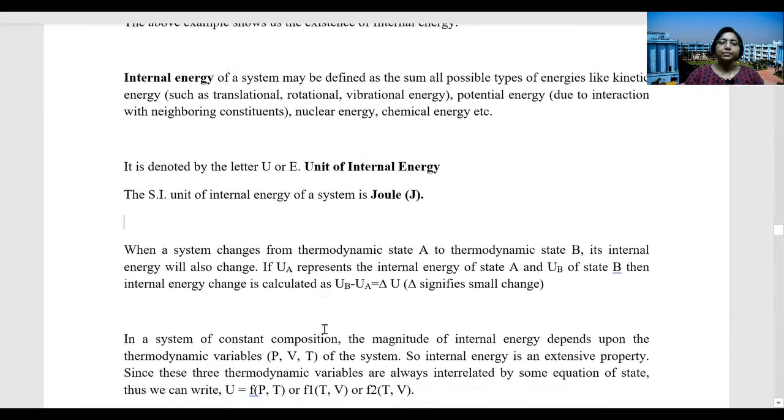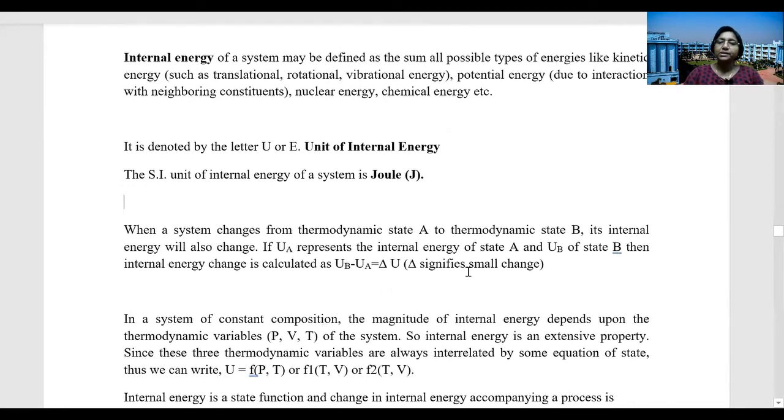When a system changes from thermodynamic state A to thermodynamic state B, its internal energy will also change.